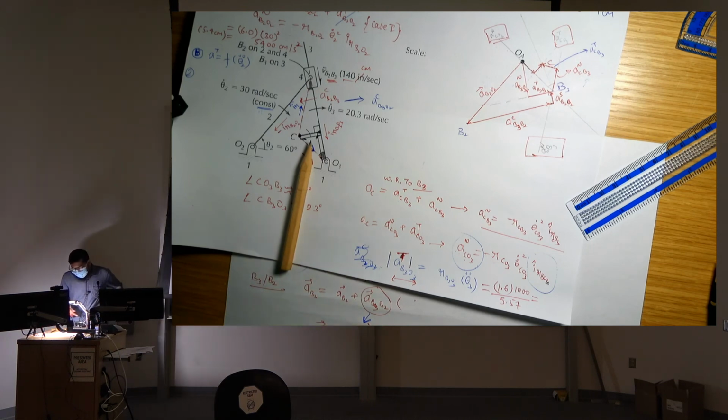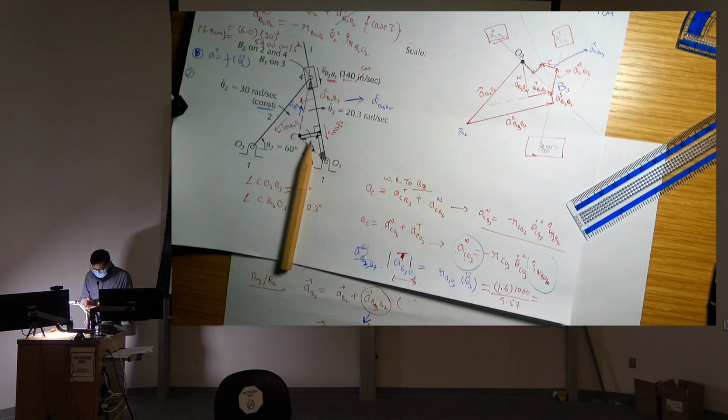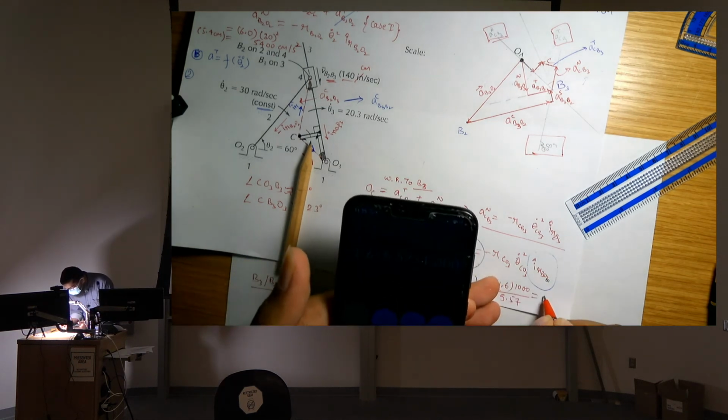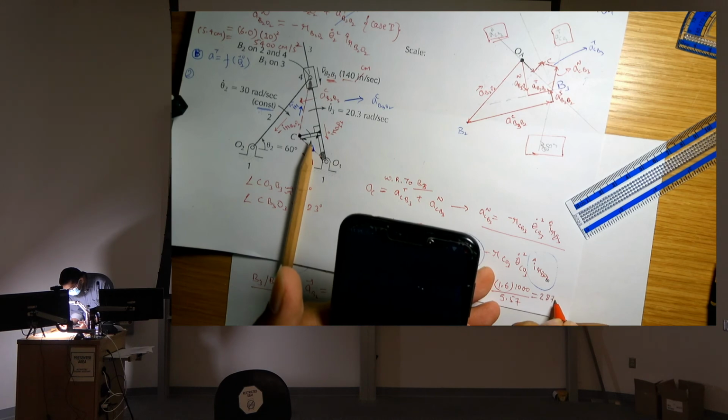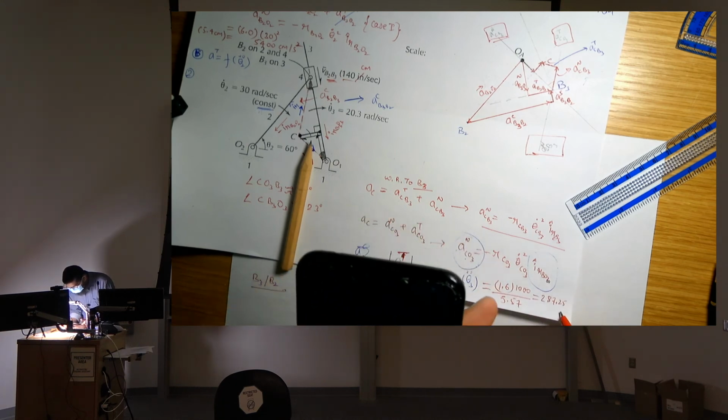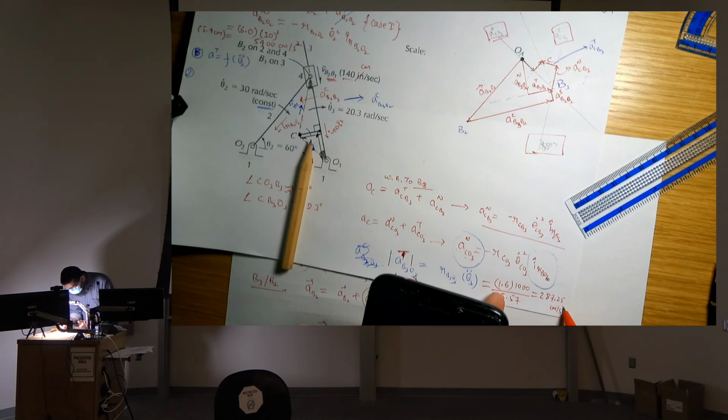So what is the number that we were calculating? It gives me 287.25. The unit would be centimeter per second square.